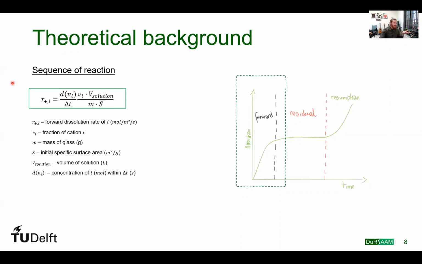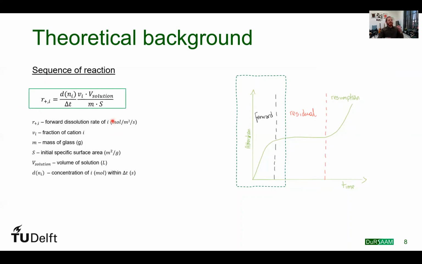And then you reach this equation in which you calculate the forward dissolution rate, normalized by the fraction of the species that you're analyzing, the volume of the solution, and the mass and the specific surface area of the initial glass.